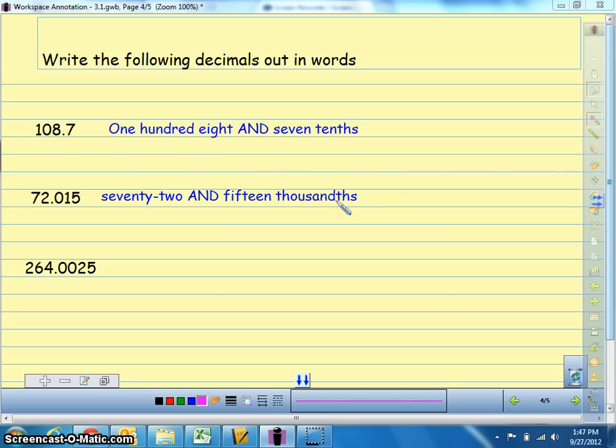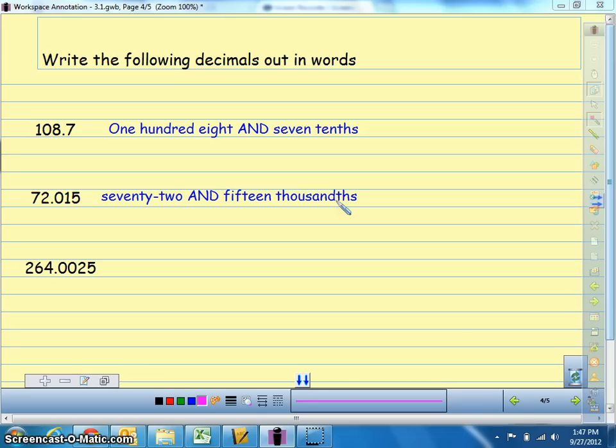And the last one, this one's really tricky. I want you to try and figure this one out. We start by looking at the whole number part. We've got 264. Notice it wasn't 264 "and". We've got to leave that "and" out and only put it in for the decimal. 264 and, now how am I going to figure out this last part?